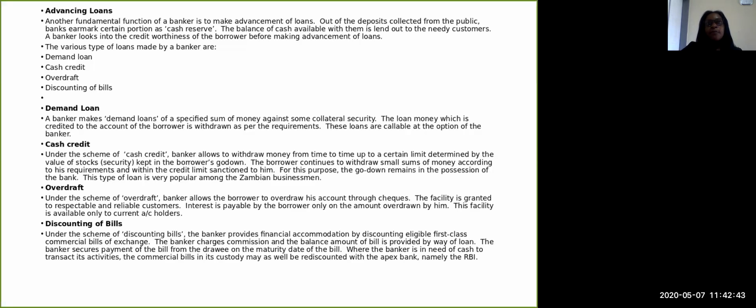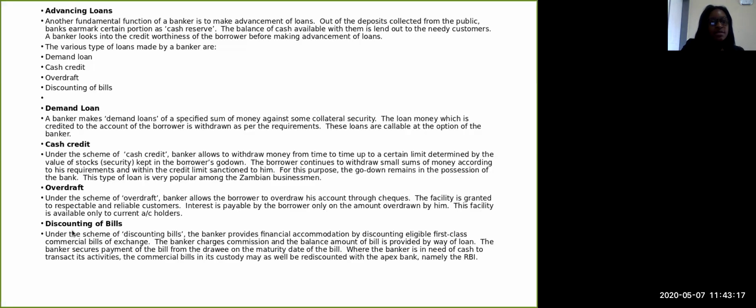So let's say, like the example I gave, you have 50,000, then you overdraw by 30,000, which is 80,000. Interest will not be charged on your 50,000 because that is your money. The interest will only be charged on that additional 30,000 which you have overdrawn from the account, which belongs to the bank. So this facility is available only to current account holders.